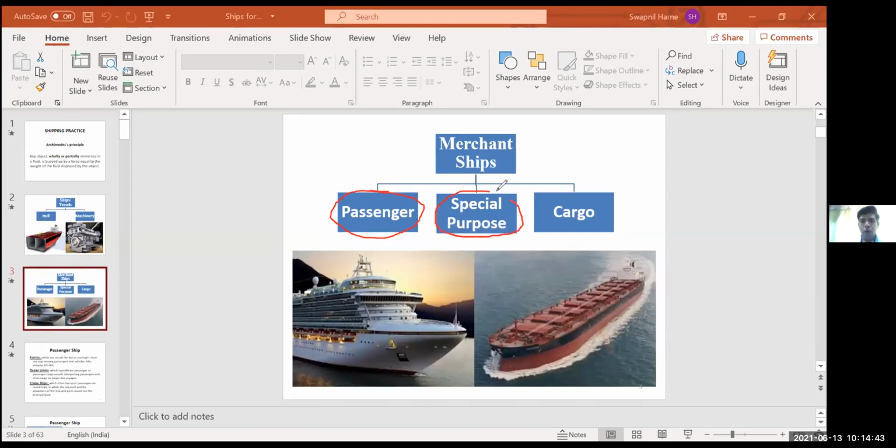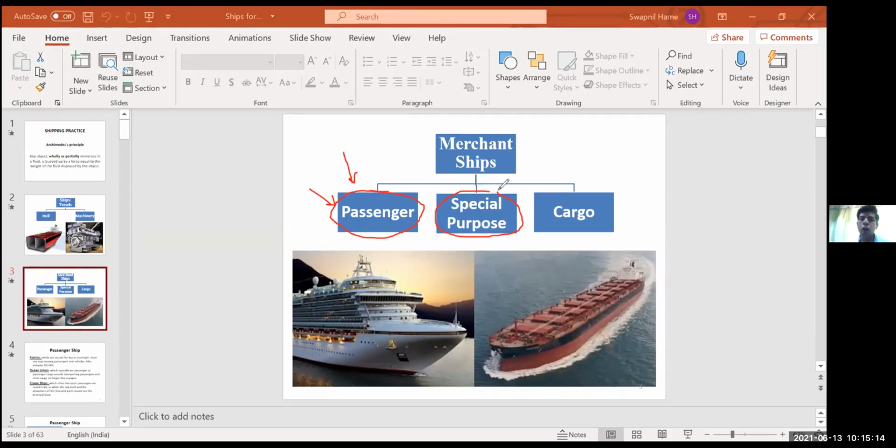Purely this passenger ship you will find, here in Mumbai also we have a Star Cruise terminal, and that goes from Mumbai to Singapore. Repeatedly used for transportation of passengers from one port to another. In the Caribbean region, European region, you will find lots of these passenger vessels.